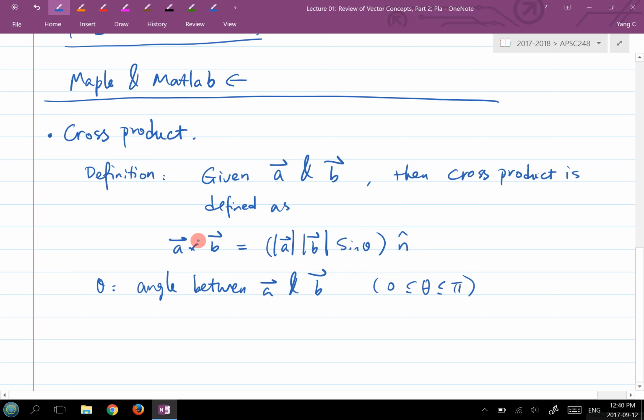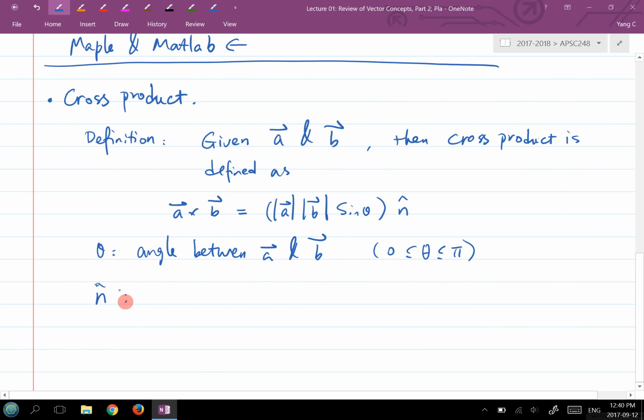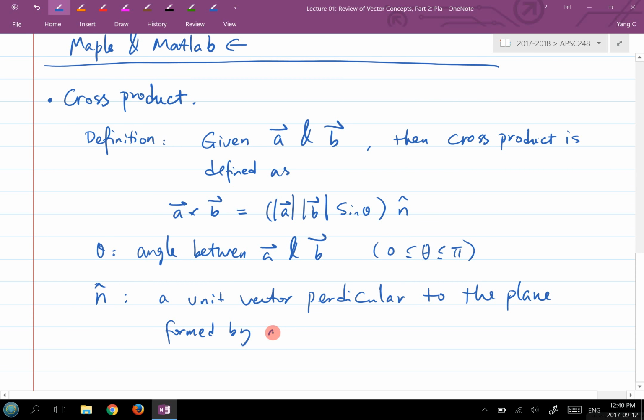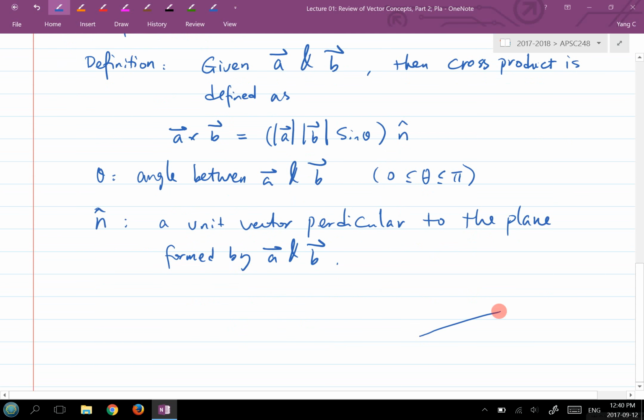So what's the n hat then? The n hat here is a unit vector perpendicular to the plane formed by vectors A and B. A and B are two vectors, and if you draw A and B, you can easily form a plane.